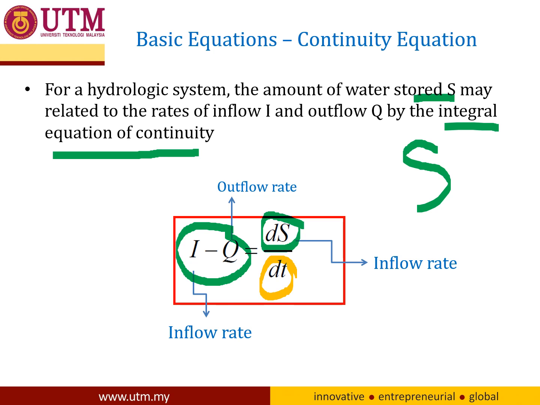Integral here means dS over dt, the change of storage against the change of time. So we get the inflow rate minus the outflow rate, which is actually the change of storage.